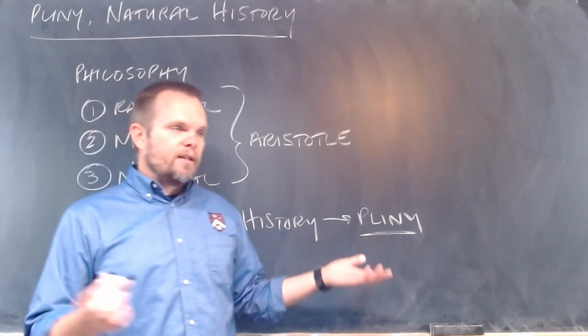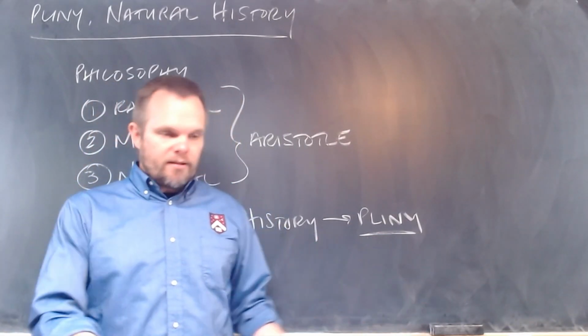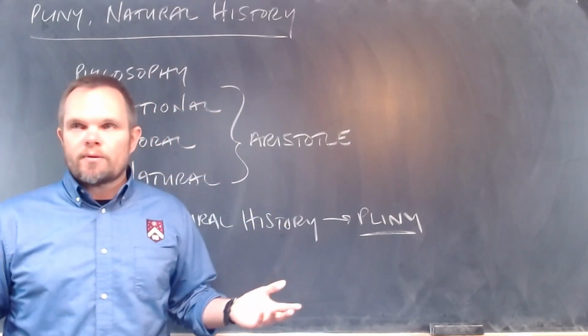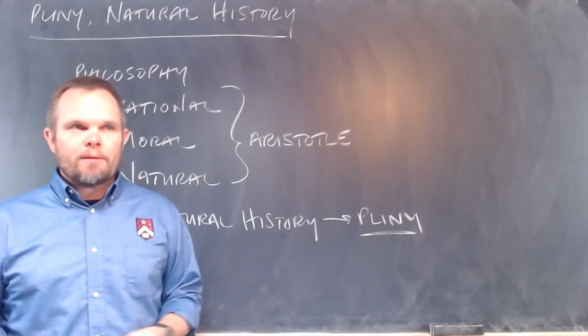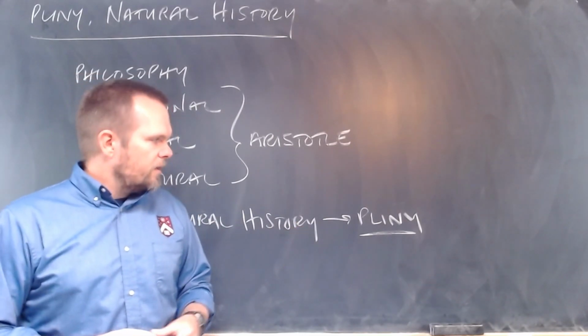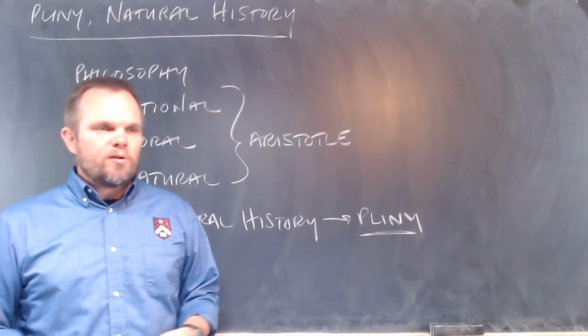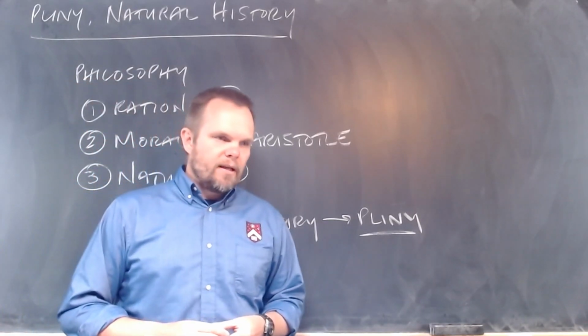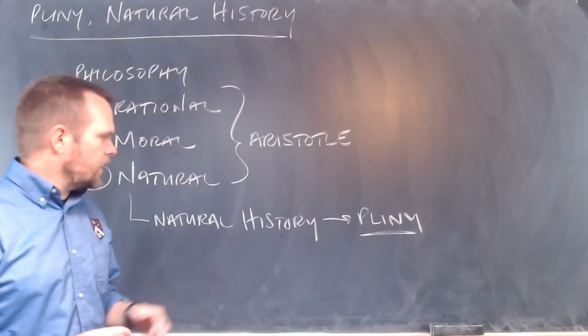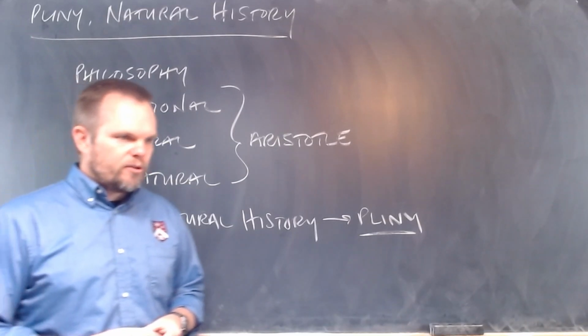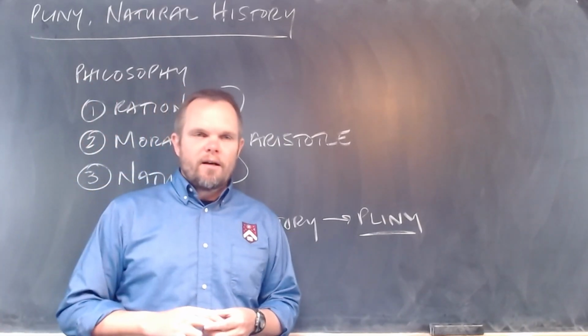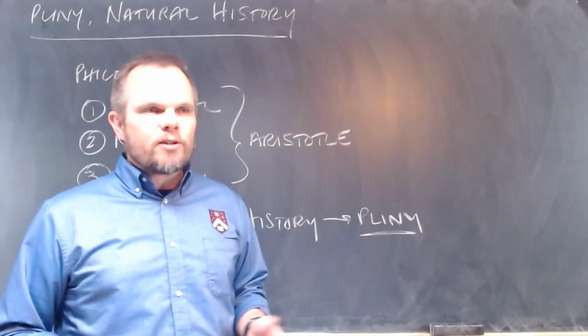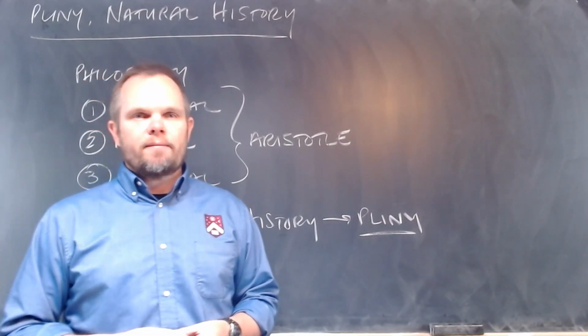In order to study the natural world and travel around and write a book like this, you have to be wealthy to even have the opportunity to do that. Pliny was a wealthy, influential Roman, and he wrote a book on natural history, which is basically a summary of what was known about the natural world at that time.